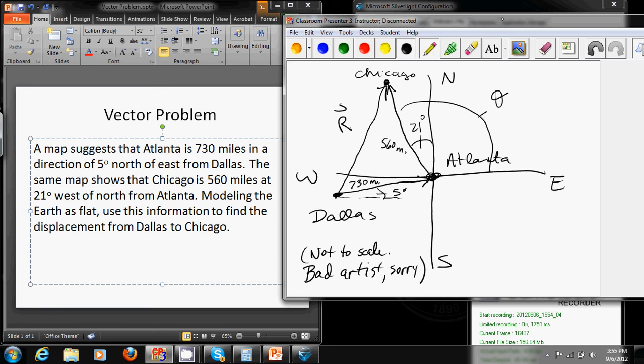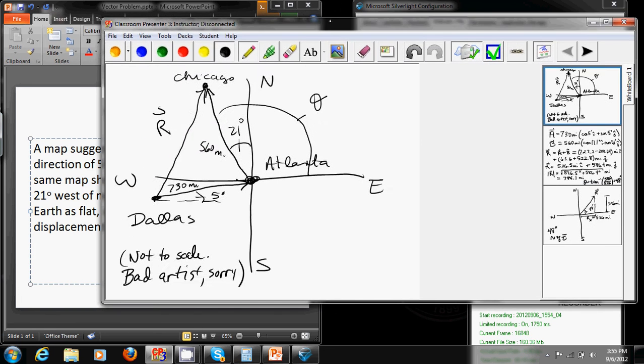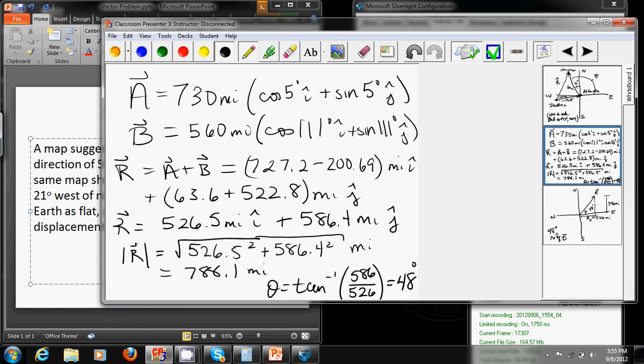Okay, now the next step, once you draw your picture, is always to go to the vectors in their unit vector notation. So here, I've done that. Vector A is going to be Dallas to Atlanta, so 730 miles is that distance. Remember, you can always use cosine of the angle for the x component if the angle swings counterclockwise from the plus x-axis.